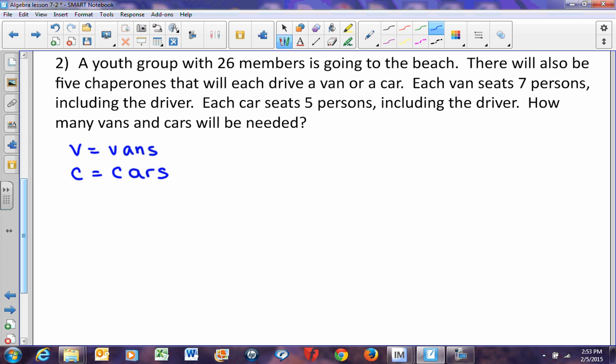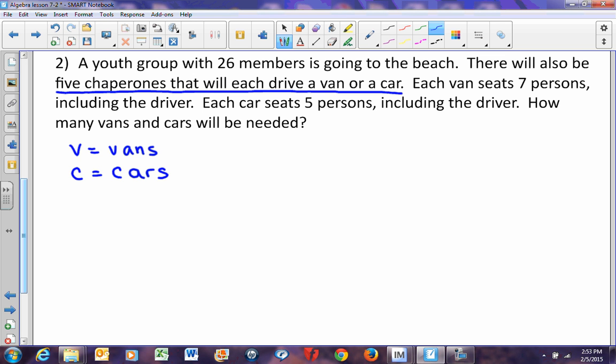Okay, a youth group with 26 members. So we have to do equations based on that. There will be 5 chaperones that will each drive a van or a car. Since 5 chaperones will each drive either a van or a car, and that's what I'm looking for, that gives me an equation all by itself.